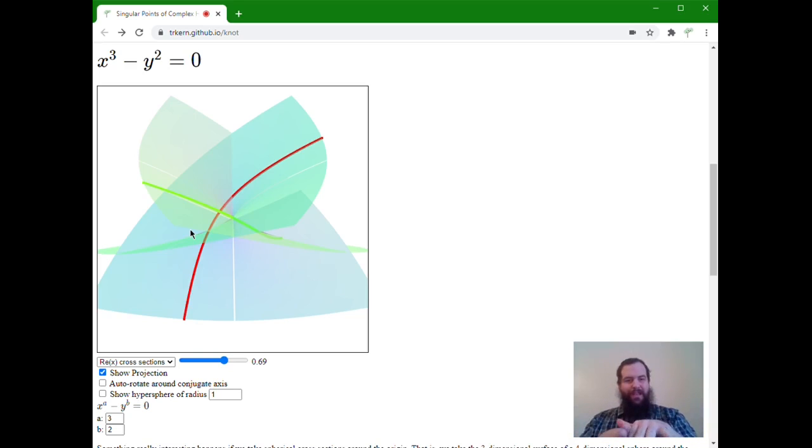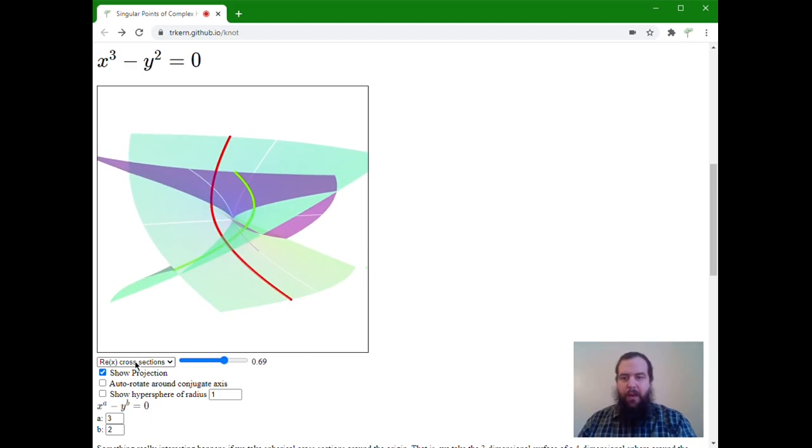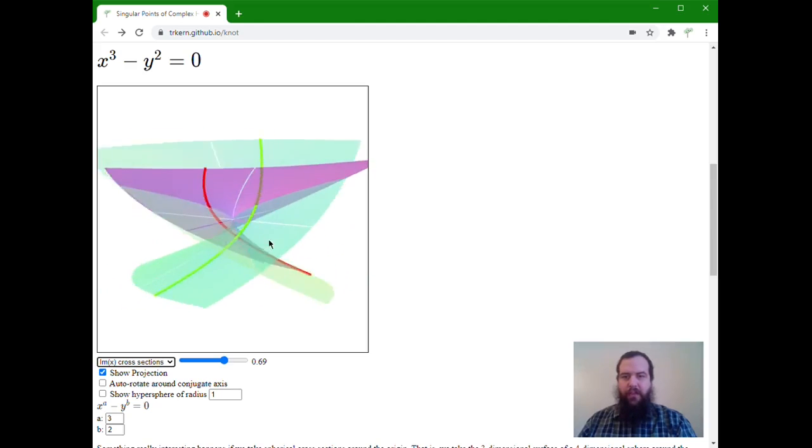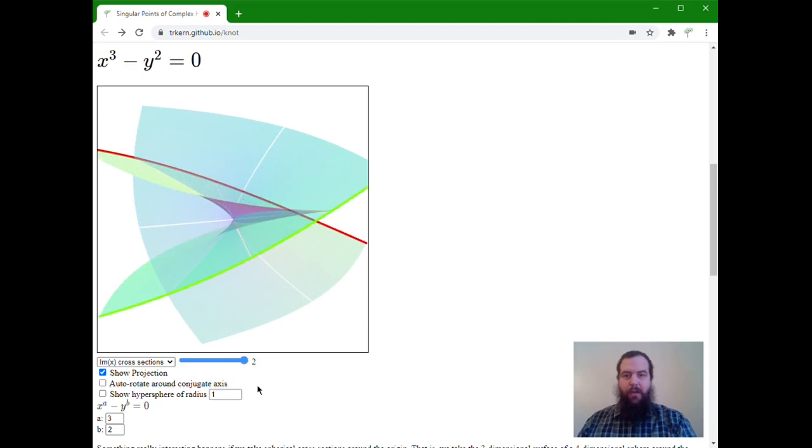You have all of these petals extending from a single point at the origin, but they're actually just one really big petal that loops in on itself. It's not really a flower, but it really seems like everything is branching out from the origin. And if we take imaginary cross sections, it's going to look the same. This is exactly the same shape when we take the projection, the sum total of all of these different cross sections.